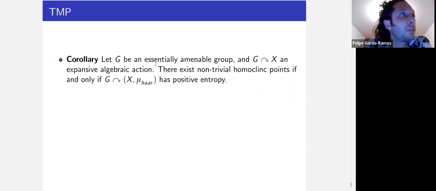Our conjecture is that we do not need elementary amenable, that this should be true for all amenable groups. Also our conjecture is that when the group is not amenable, the result should be false.